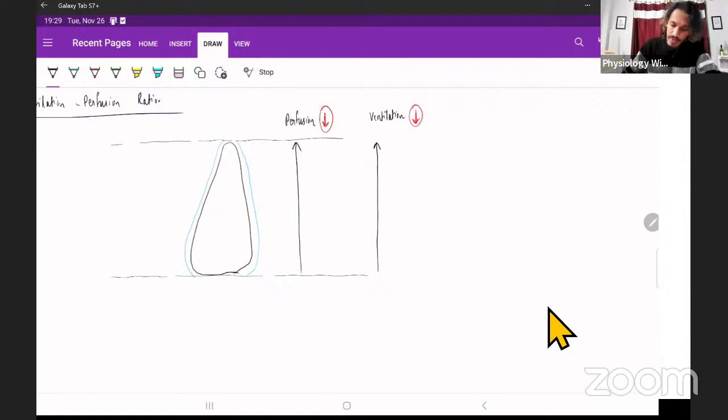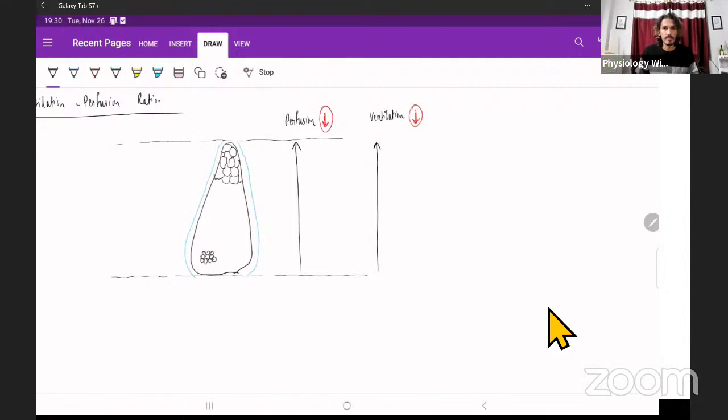Because of that, the alveoli over here are already pretty well distended, because the intrapleural pressure at rest itself is higher compared to the one below. Here at the base, at rest, they are smaller. When they are smaller, they have a higher scope to become bigger and accommodate more air than on top. So this is one of the reasons why, as you go up, the ventilation is also dropping.